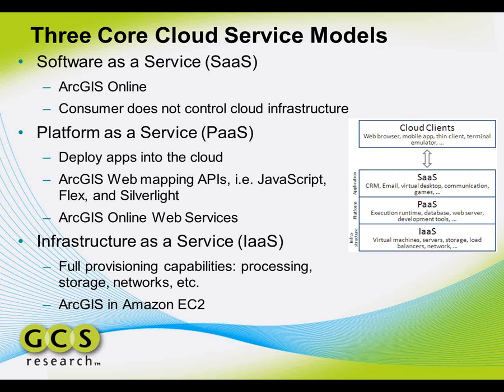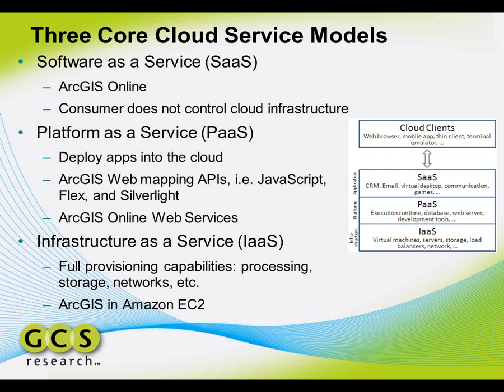The one that we're most familiar with, I think, is software as a service, and that's ArcGIS Online. If you've seen demonstrations or used ArcGIS Online, you can go in, author a map, and publish it. You don't have to write any code. You can create a web app, but ESRI has provided that software for you to use on their cloud infrastructure.